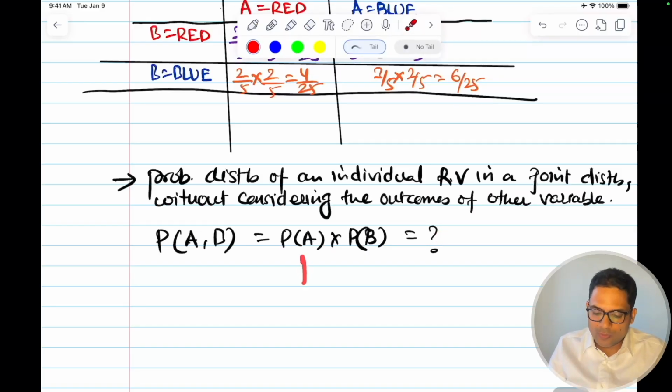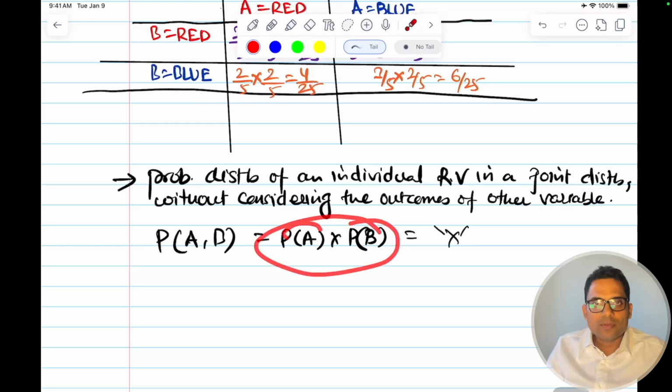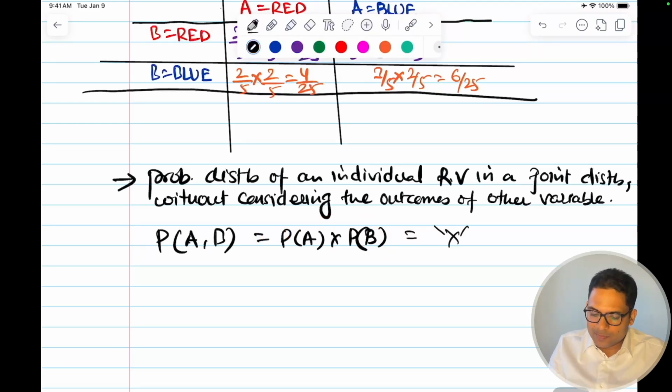Now, if I want to find only the probability of A, can I say that P(A) is equal to X by P(B)? This is just for intuition, don't take it literally.